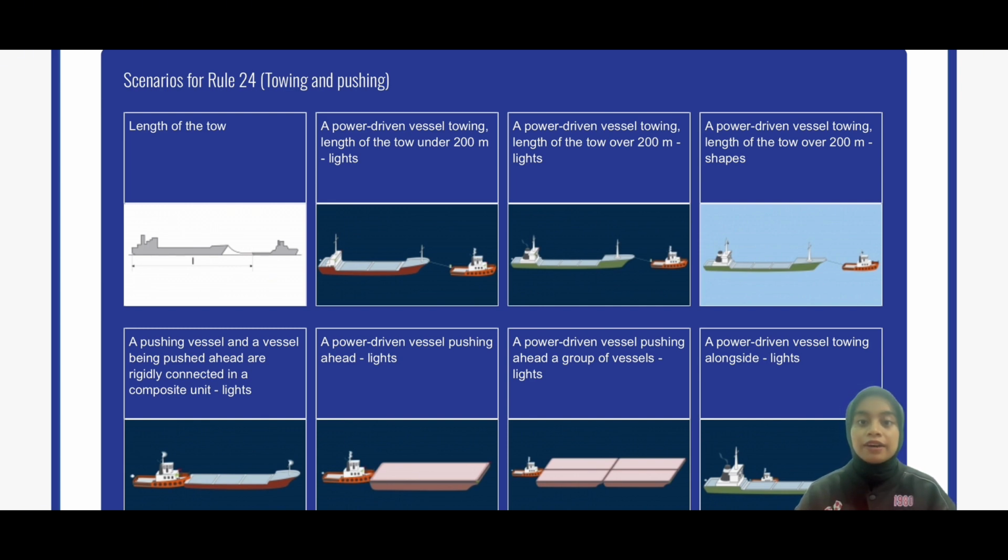A power-driven vessel to which paragraph A or C of this rule applies shall also comply with Rule 23A2. A vessel or object being towed, other than those mentioned in paragraph G of this rule, shall exhibit side lights, a stern light, and when the length of the tow exceeds 200 meters, a diamond shape where it can best be seen, provided that any number of vessels being towed alongside or pushed in a group shall be lighted as one vessel.